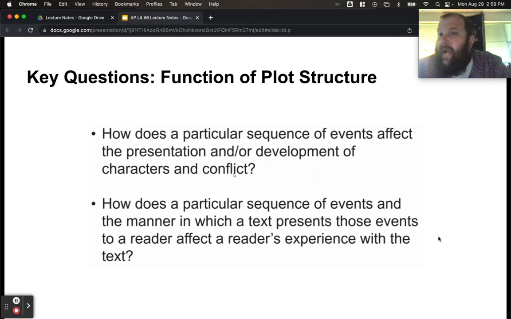Right? Think about how different this story could have been if it started with a kind of omniscient narrator saying something like, Mrs. Mallard died of sadness, but her death was believed to be the result of happiness.